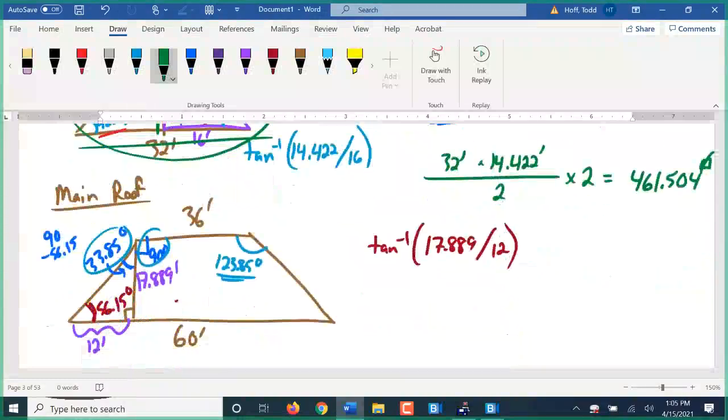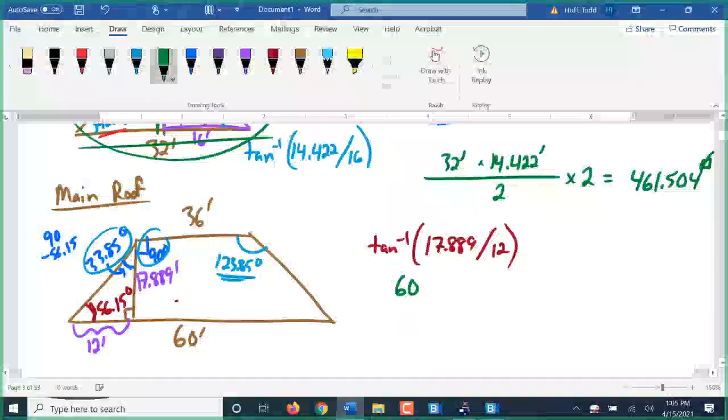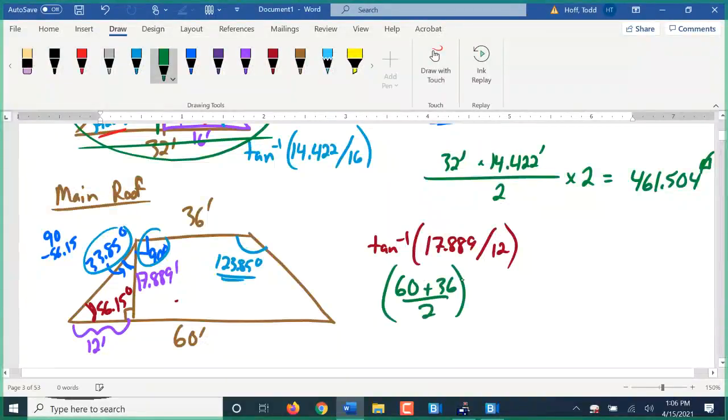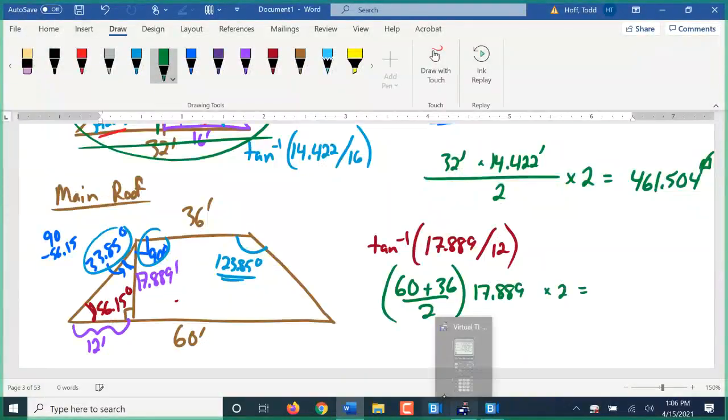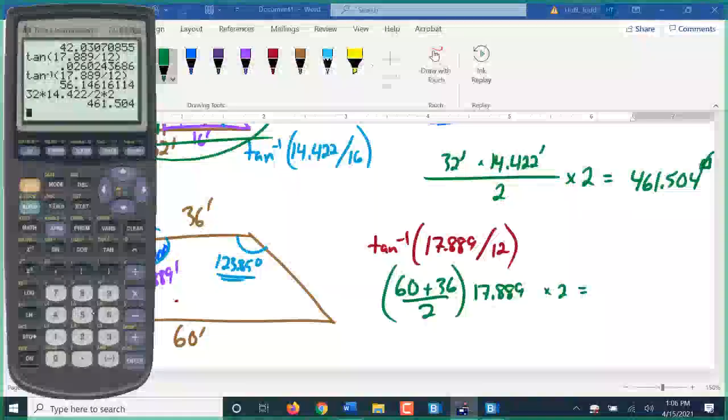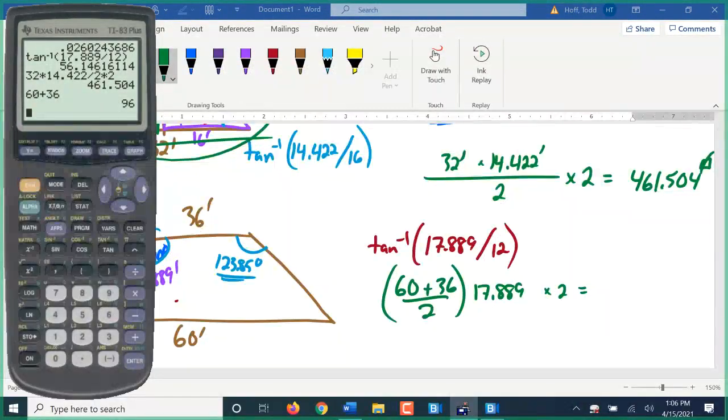This one here is just a trapezoid. We have 60 plus 36 divided by 2. That's the average of the bases times that height of 17.889, and then times 2 because there's 2 of them. You do the 60 plus 36, make sure you hit equals before you divide by 2, so that works out correctly.